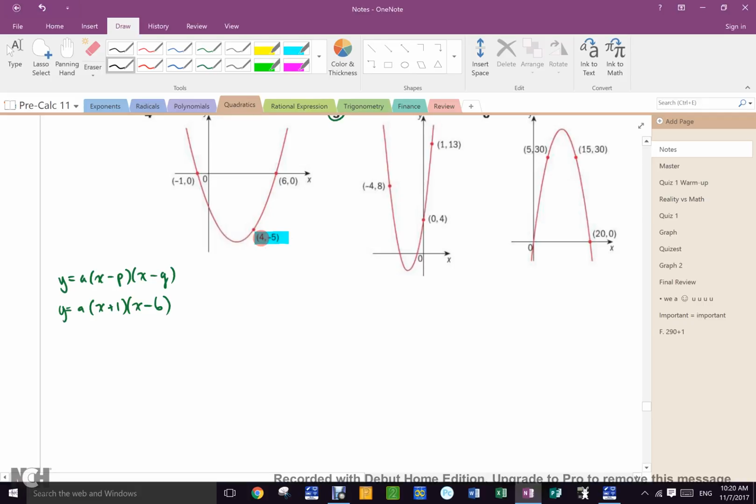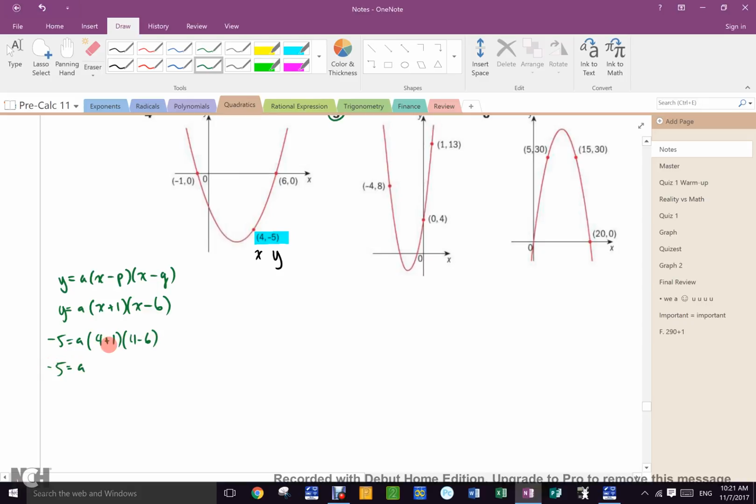What is that for? X. What is that 5? Y. So what do we write there? Negative 5. A. What do I write instead of x? 4 plus 1. What do I write instead of x? 4 minus 6.